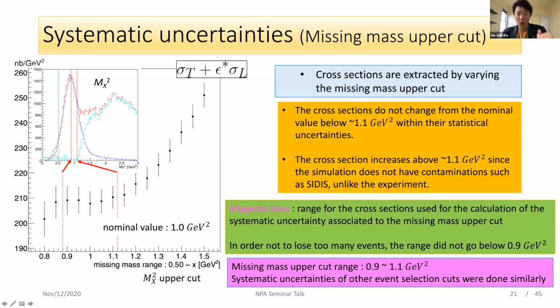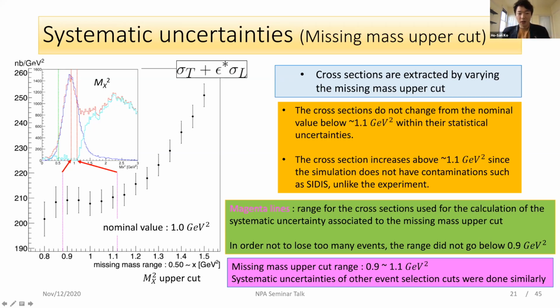Above 1.1 GeV squared, the cross-section starts to increase. This is because, unlike the data, the Monte Carlo simulation does not have contamination such as semi-inclusive DIS. That's why the cross-section starts to increase. But below 1.1 GeV squared, we see rather steady cross-section results.